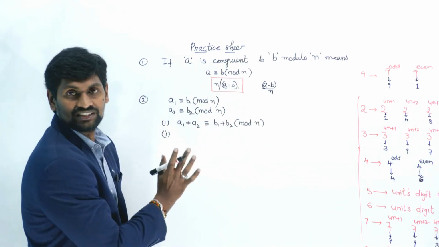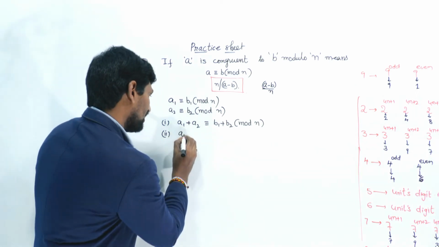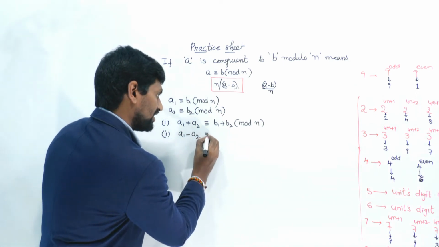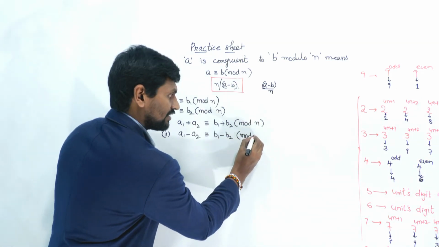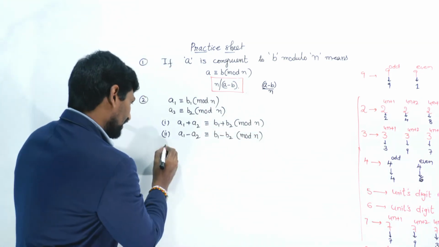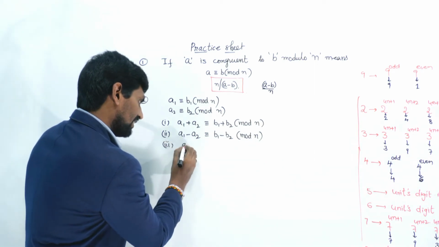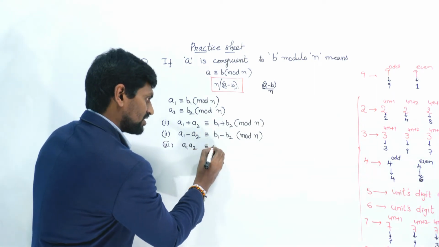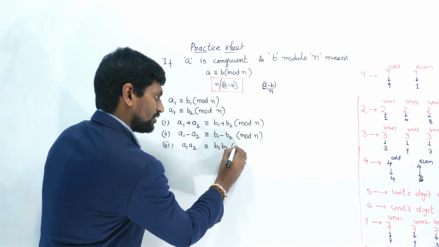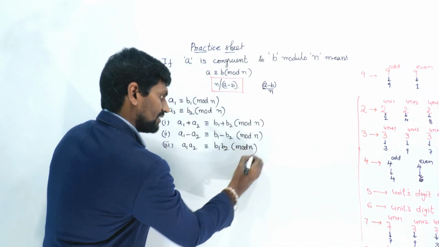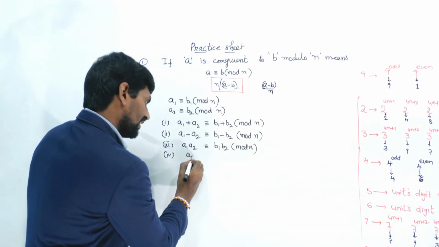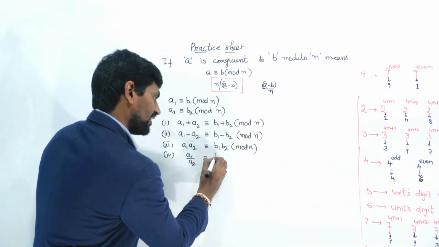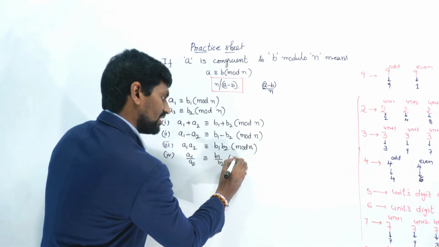Arithmetical operation plus. For minus, A1 minus A2 is congruent to B1 minus B2 mod n. Multiplication, A1 into A2 is congruent to B1 into B2 mod n. Fourth one, A1 by A2 is congruent to B1 by B2 mod n.